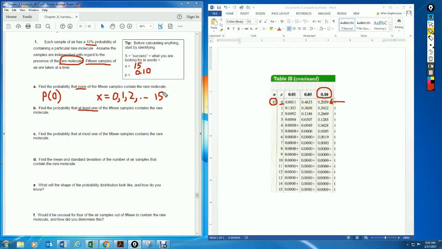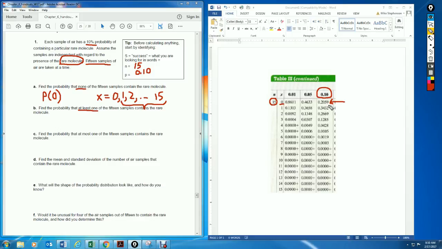Those are the possible values of the random variable, the possible number of, out of the 15 samples, how many could contain this rare molecule. At least one would be 1 or 2 or 3 or all the way up to 15. So in other words, all of these, 1 through 15.